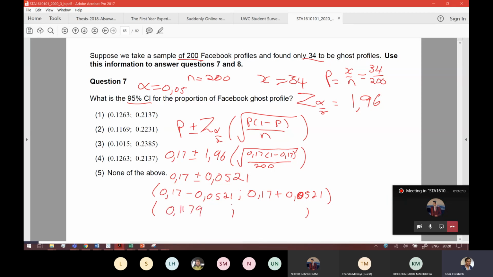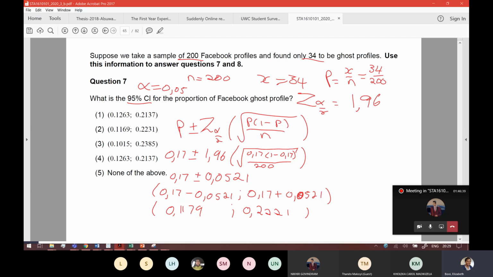Because now this is 0.1179, and on the other side, 0.17 minus 0.051 plus 0.0521. 0.0521 gives 0.2221.